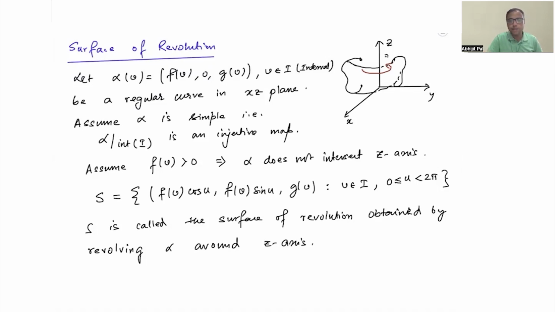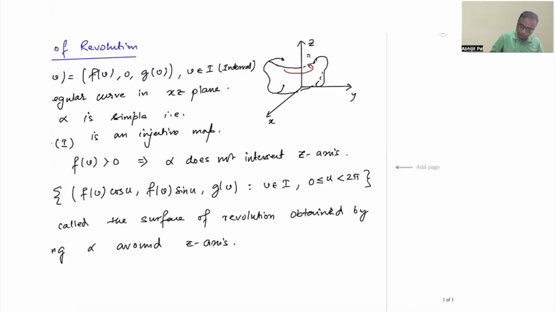So our next claim is that this surface S is a regular surface.